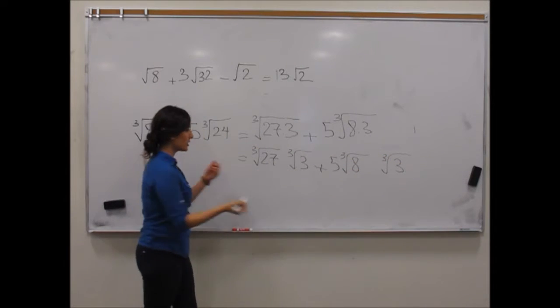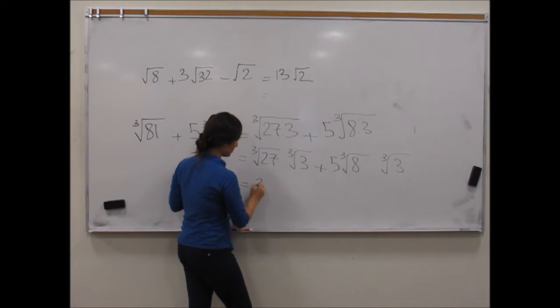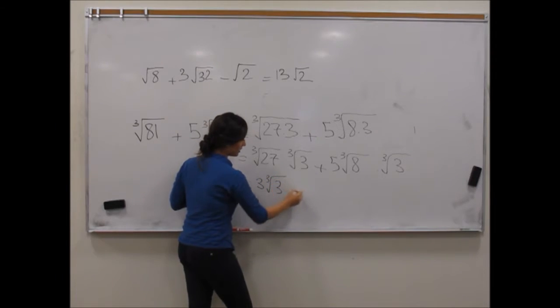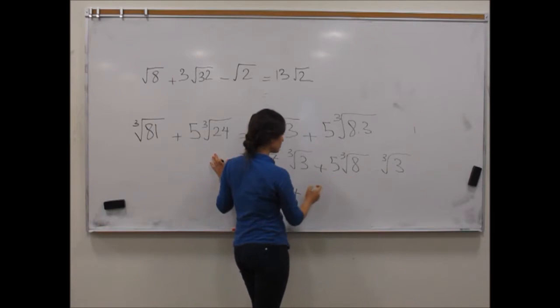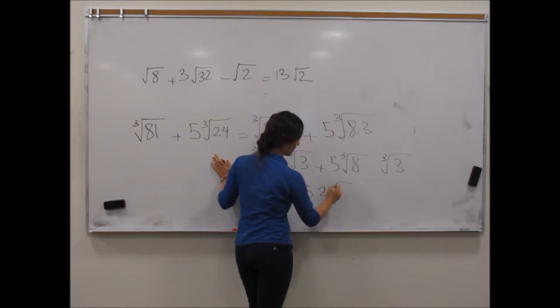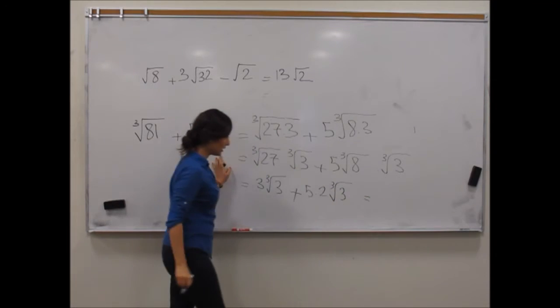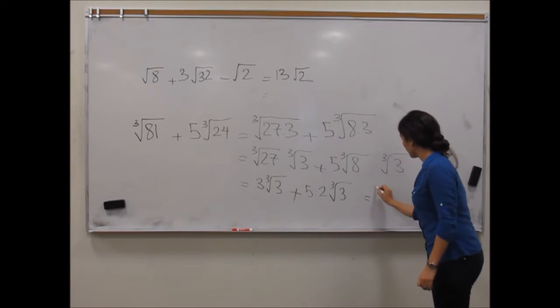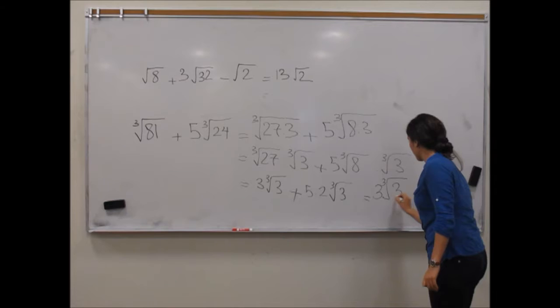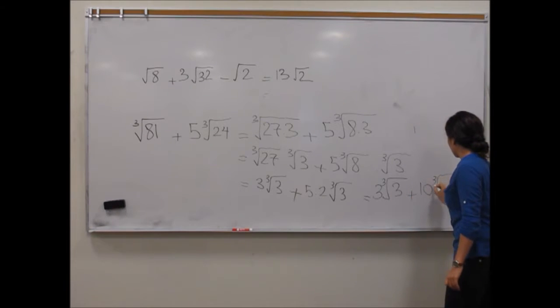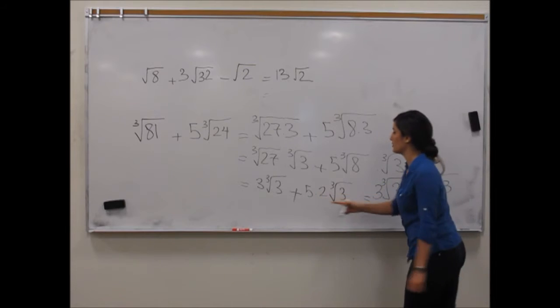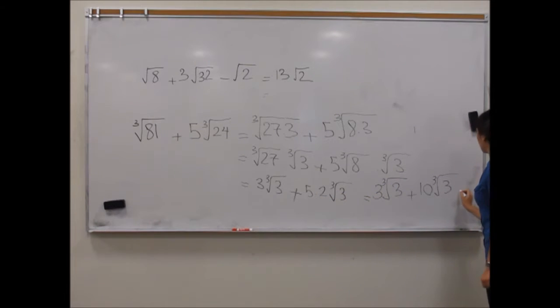And this is a perfect cube, so I can just write it as 3 cube root of 3 plus cube root of 8 is 2, so it's 5 times 2 cube root of 3. 5 times 2 is 10. So I will get 13 cube root of 3.